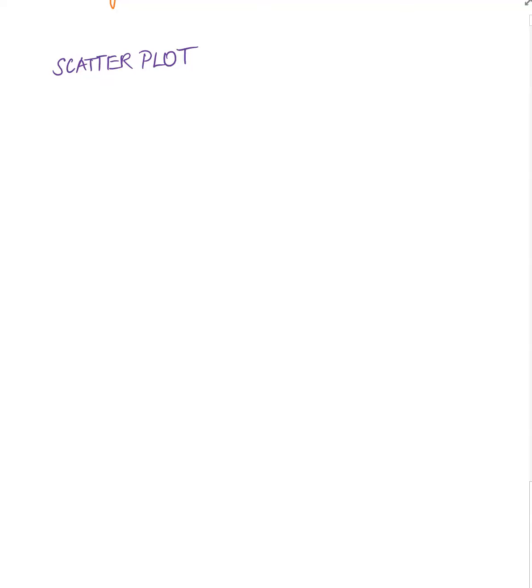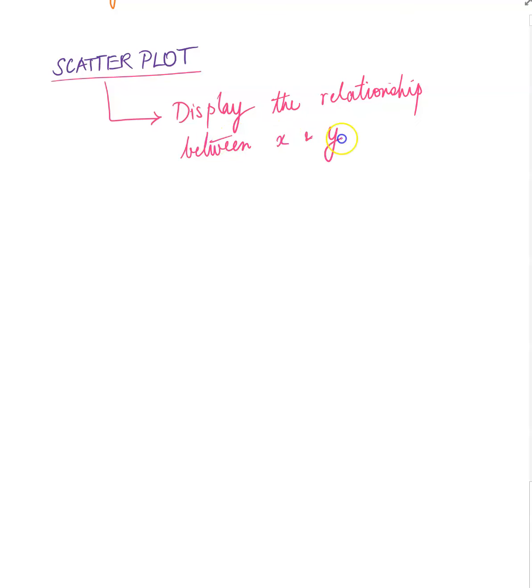So this is a way for us to display the relationship between x and y. And when you are able to display a graphical view of x and y, this is what we will use to lead our discussion into linear regression and correlation, the very topics of this chapter.